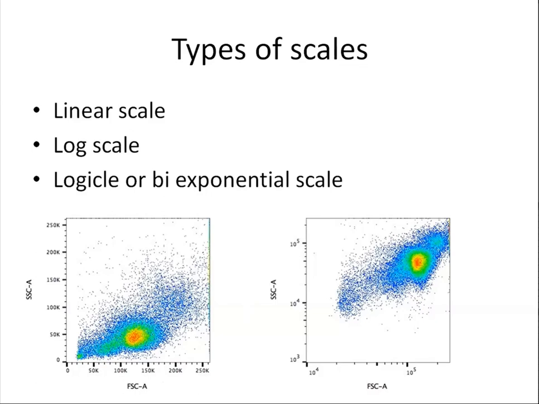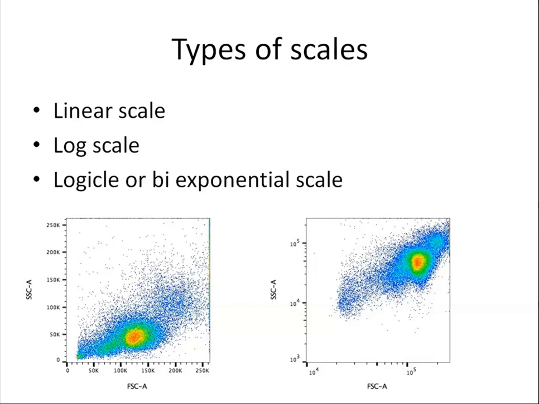So you have 0, 100, 1000, 10,000, lakh, something like that. You use a log scale when you want to show a parameter which differs by a wide dynamic range. The example for that is all your fluorescent parameters. You take any fluorescent parameter, you have a population which is negative for that particular fluorescent marker.